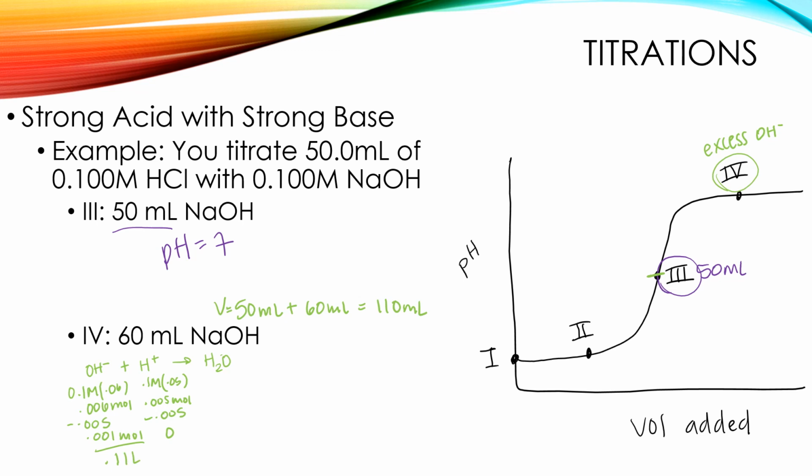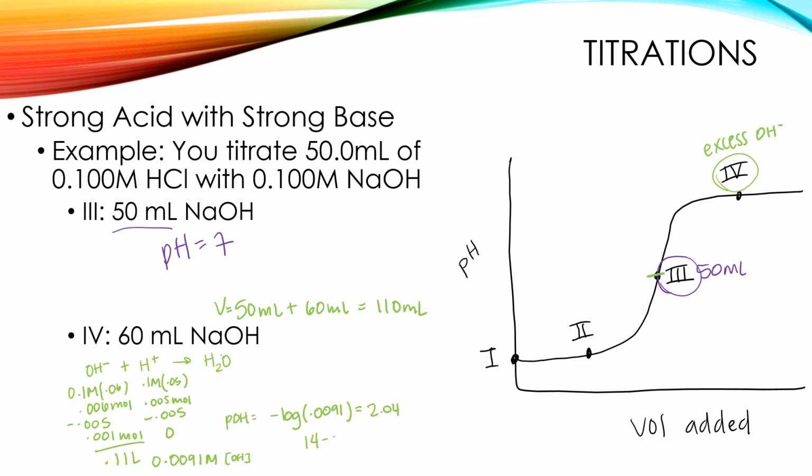And that gives me 0.0091 molar hydroxide. So I take the negative log of that, which is 2.04, which is my pOH.